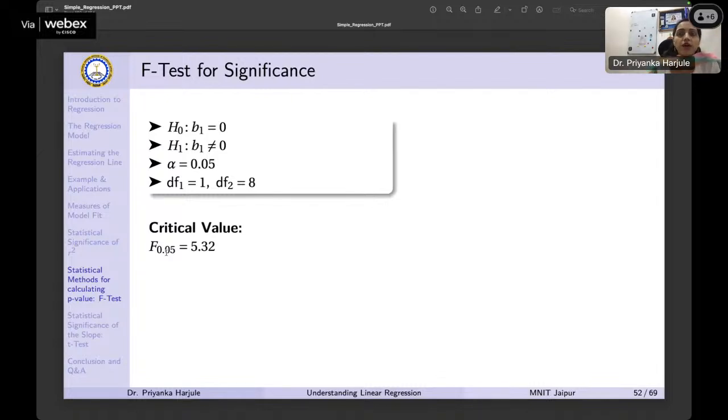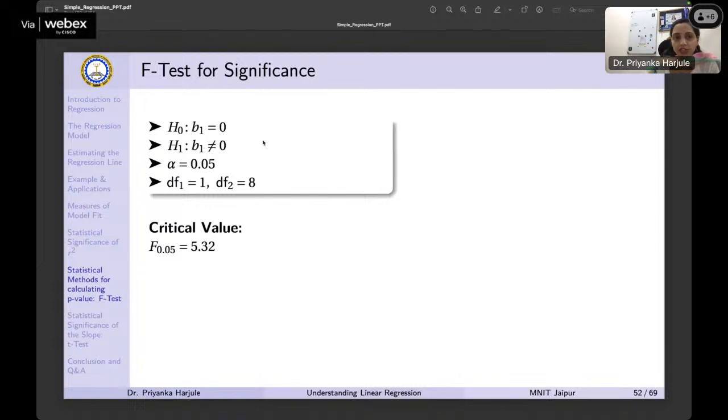So this is kind of saying that the probability that your b1 is equal to 0 is 0.05, so that is 5%. If the chance that b1 is equal to 0 is less than 0.05, then what do you say?